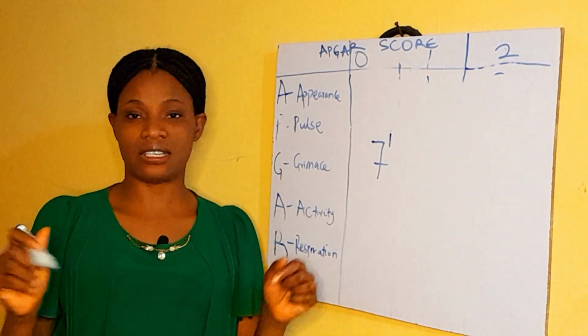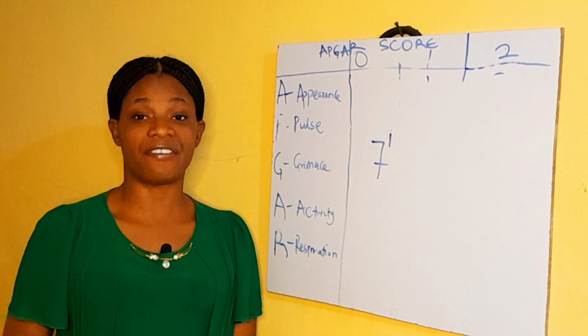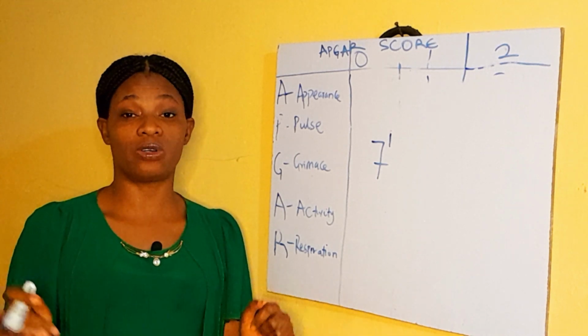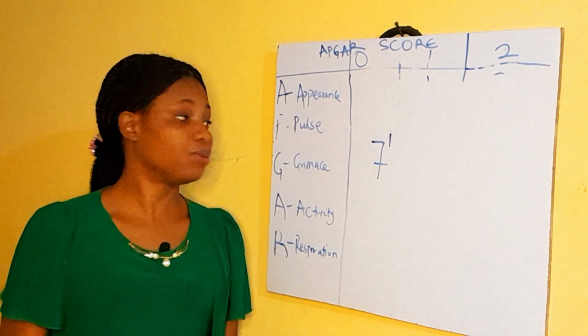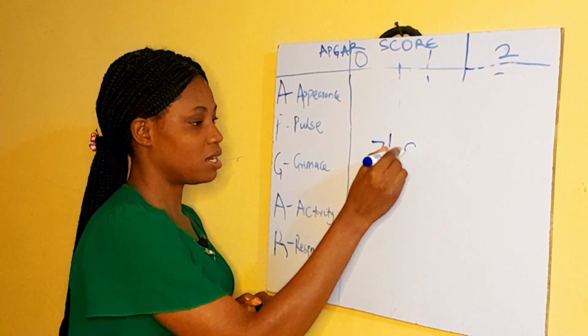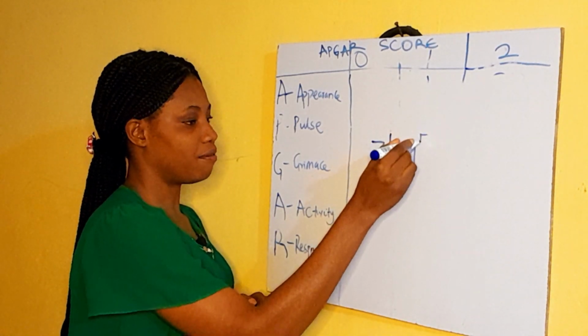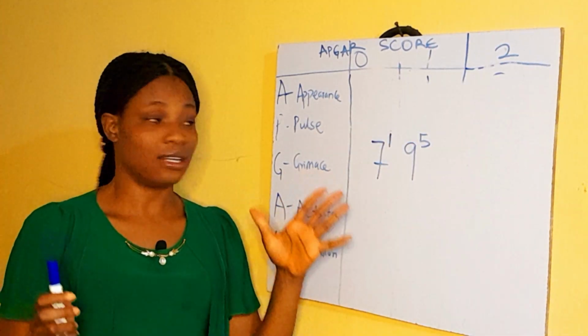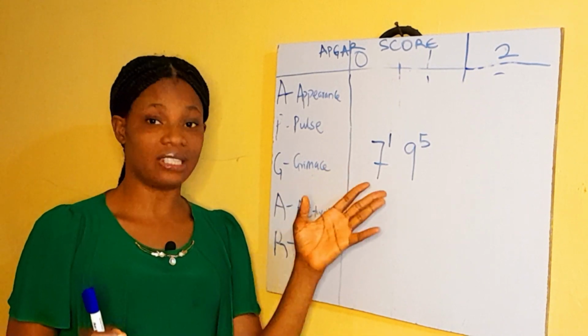If you now assess the child in the 5th minute of life and the child now scores 9, for example, you write it this way: 9 in 5 minutes. This is how you write your APGAR score.